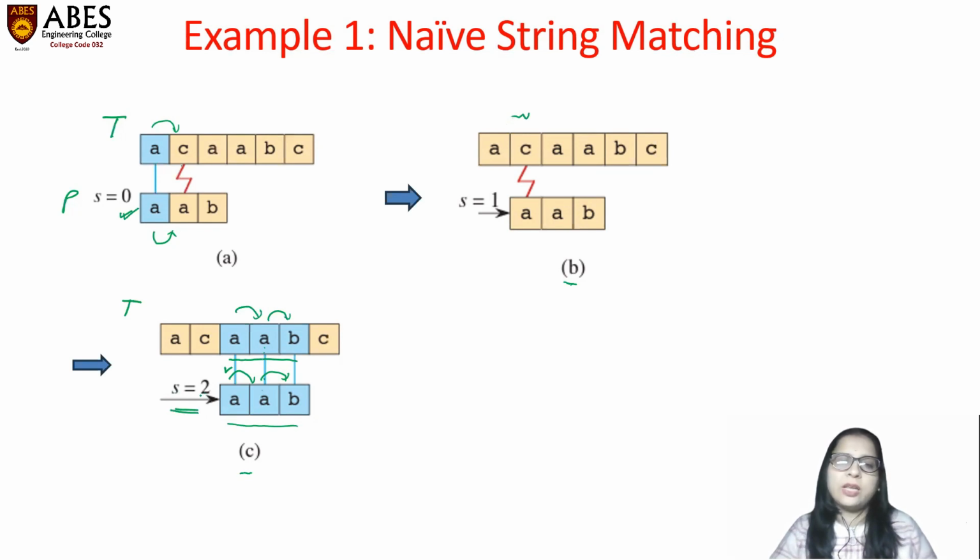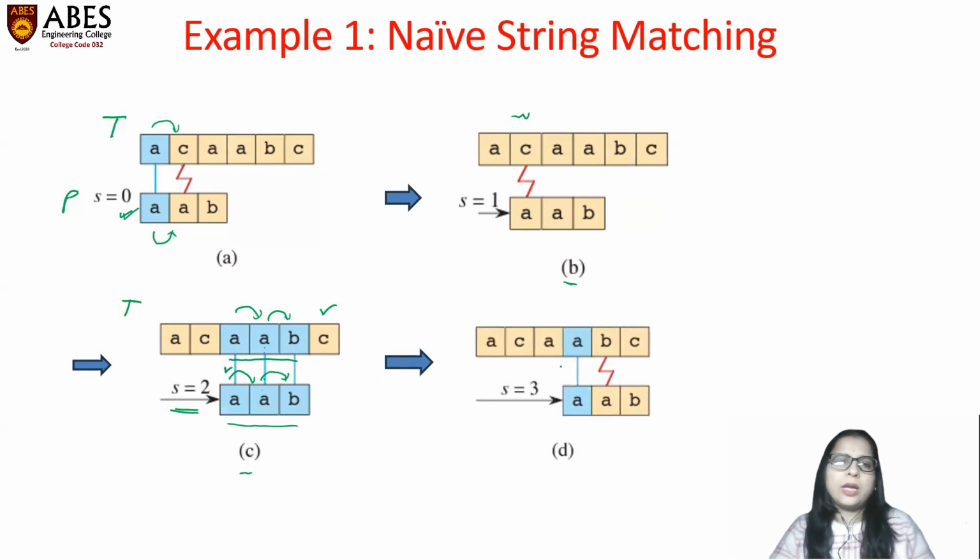That means in the second shift, we got a match. So this is your possible answer. Because we have not yet reached the end of the text, it goes one more time and shifts one position right.